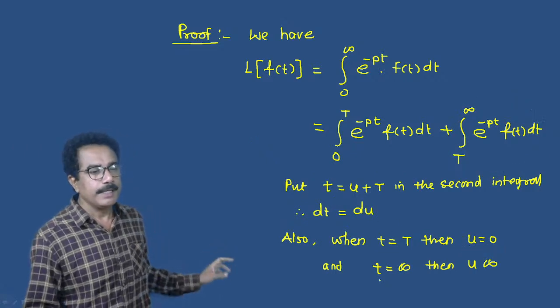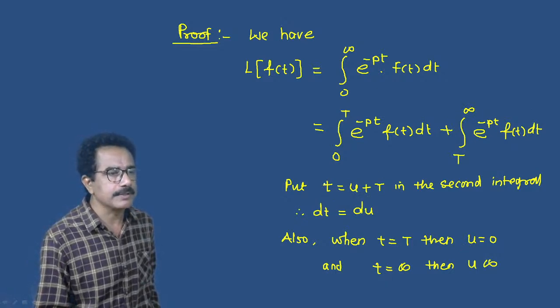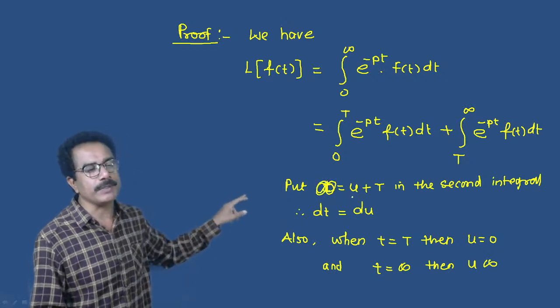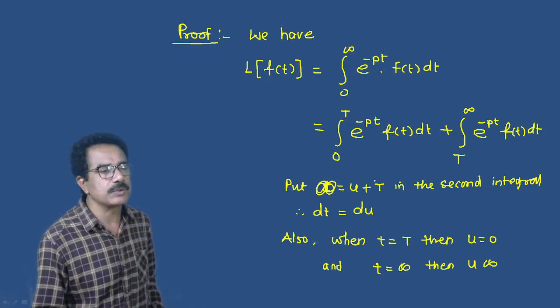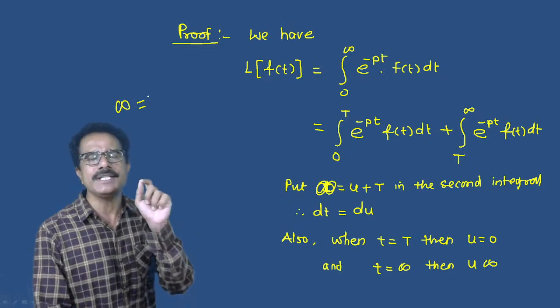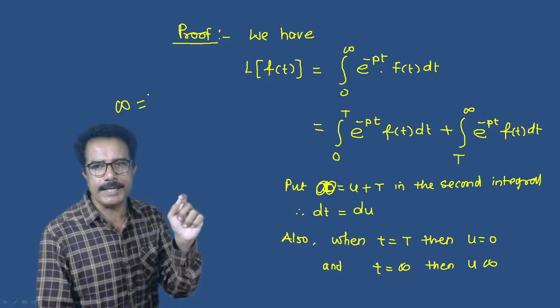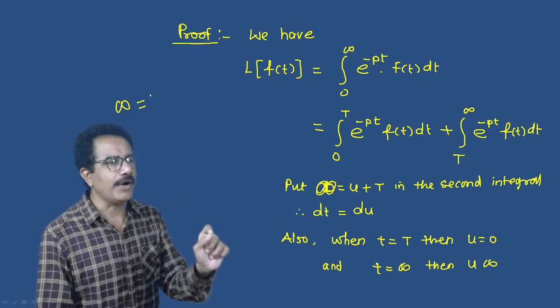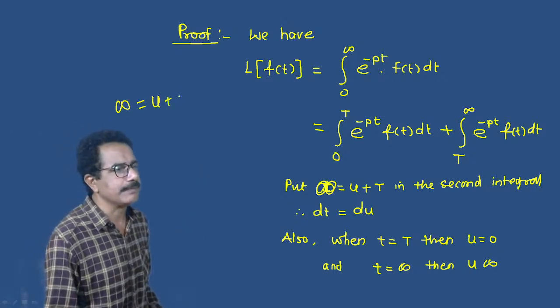Again, if we put small t is equals to infinity, that is the upper limit, in place of the substitution, then u is equals to t minus infinity. Infinity is not a particular value, so we can't use it in the equation, but for the general idea I am going to explain, u plus t.